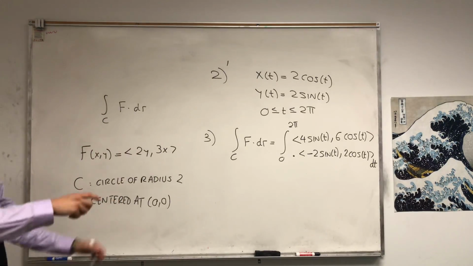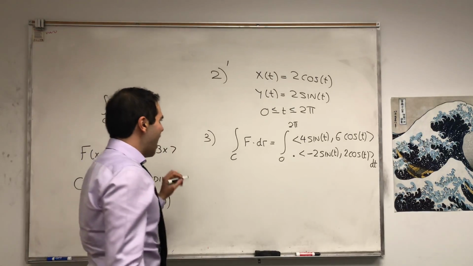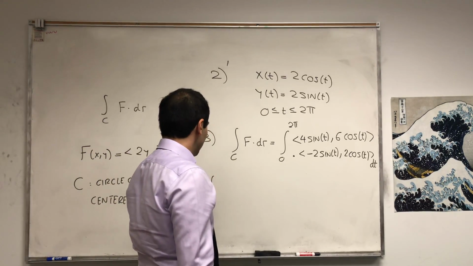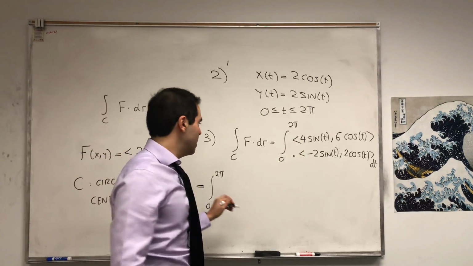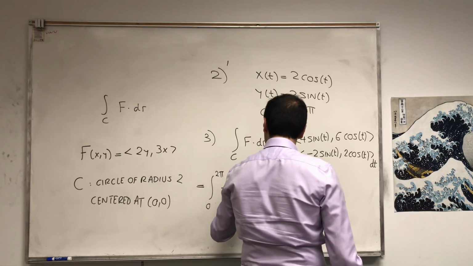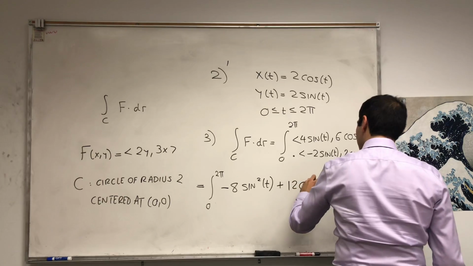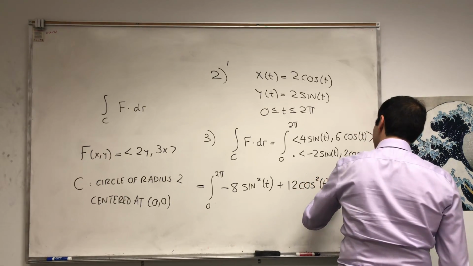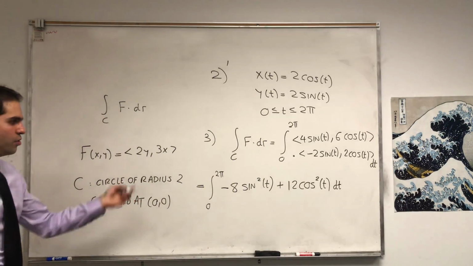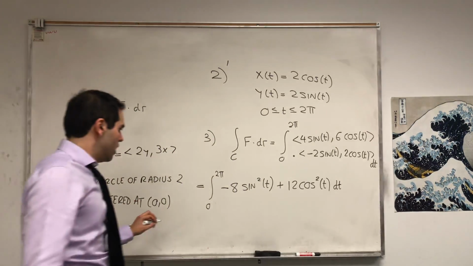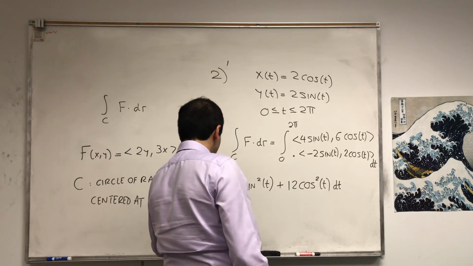That's what we have. And then what we get is the integral from 0 to 2 pi of 4 times minus 2, so minus 8 sine squared of t plus 12 cosine squared of t dt. Sure, you could simplify this, in fact, let's do it. It's simplified using the identity cosine squared is 1 minus sine squared.